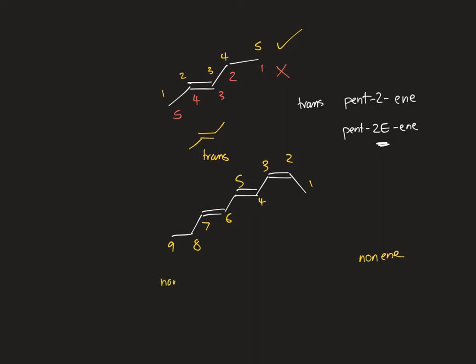Well, at position 2 you have a cis stereochemistry, so it's Z. At position 4 you have a trans stereochemistry, so it's E. At position 6 you have a trans stereochemistry, so it's E, and it's a triene because it's got more than one double bond.